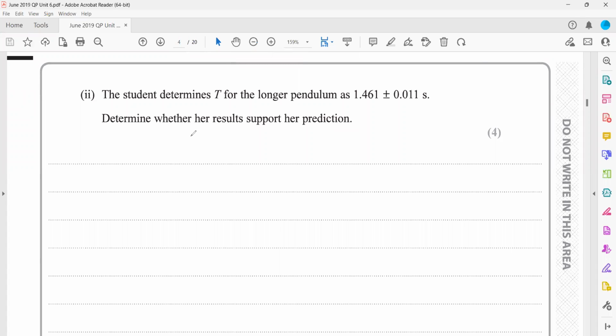The idea is that we are finding Td square over Ts square. This is a 4-mark question, and usually in unit 6 you will find uncertainty, a very common topic. We'll find two things: the percentage uncertainty and the percentage difference between the two values, and then compare them.